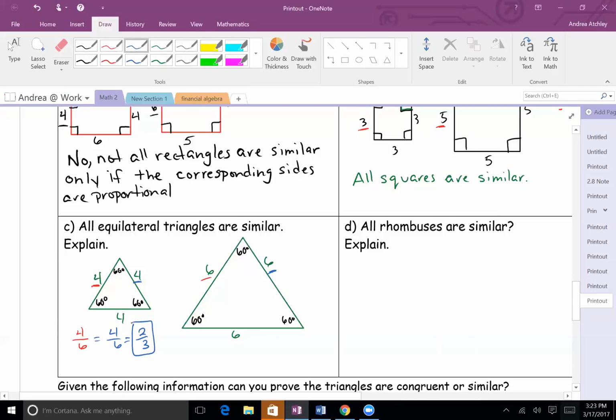So this is proving, and if I did this with a bunch of different other equilateral triangles, it'd be the same idea. All the sides would be the same proportion. So then all equilateral triangles are similar.